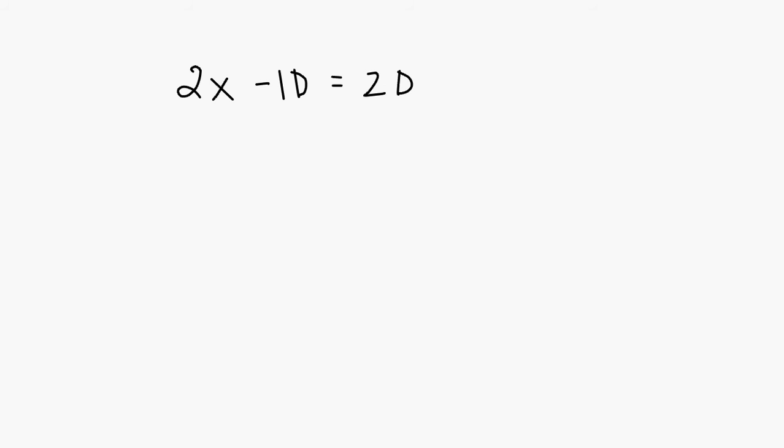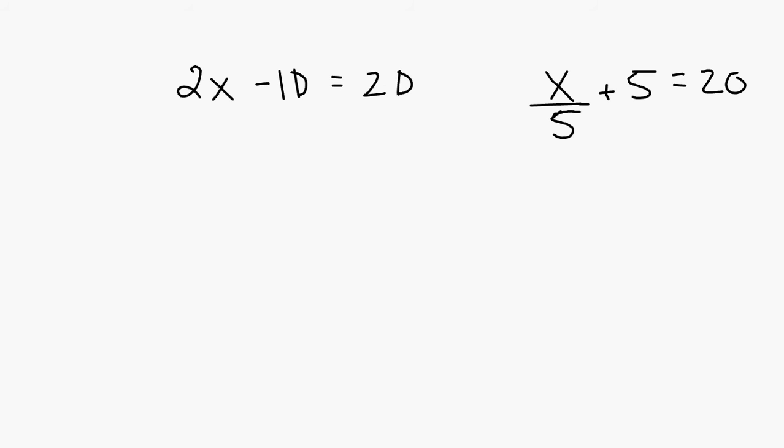Divide by 2. Okay? If the variable is being divided by a number, what's your last step going to be? Multiply by 5, right?